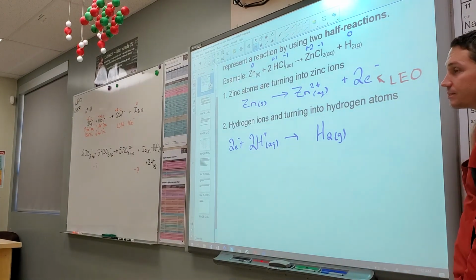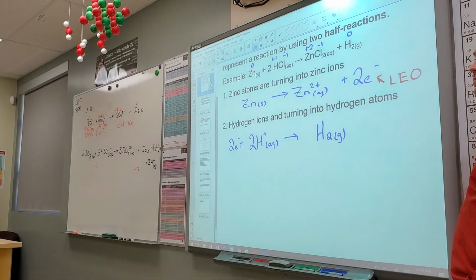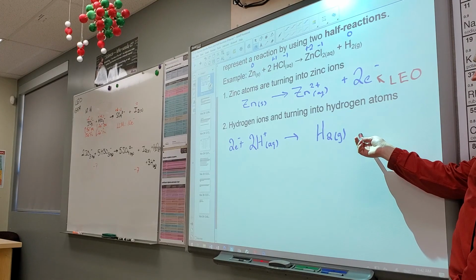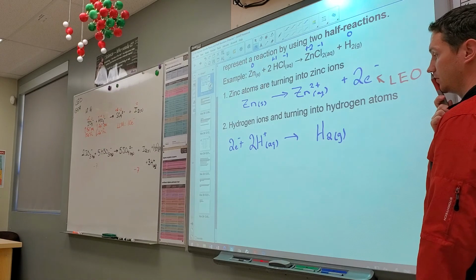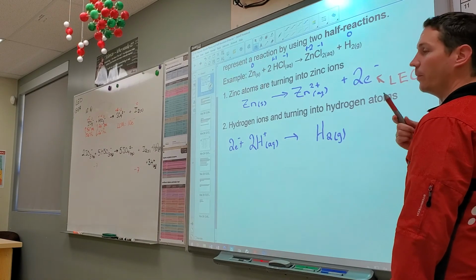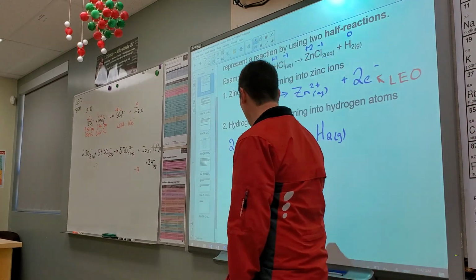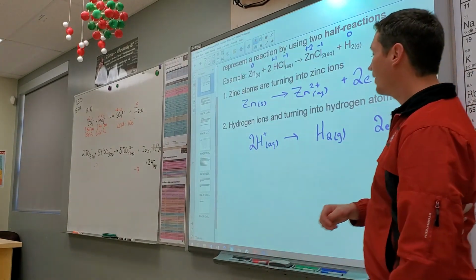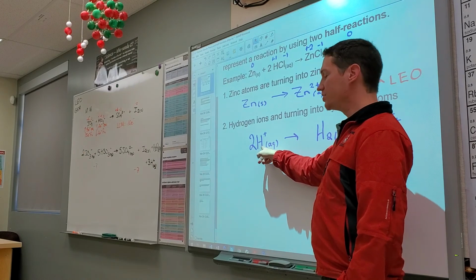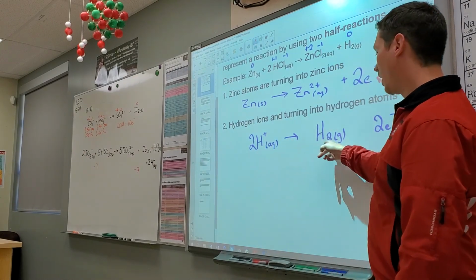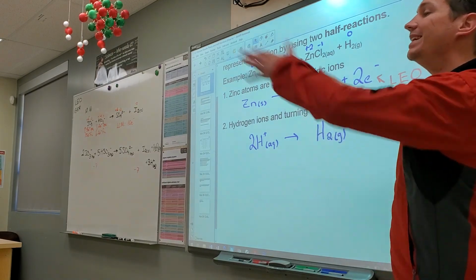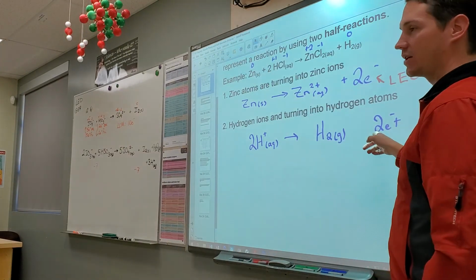Max. Wouldn't it still kind of make sense if you put the electrons on the other side? Because then it'd be like 2 hydrogen ions, like, hydrogen plus the missing 2 electrons. No, because what you're saying by putting these electrons over here is that 2 hydrogen ions turn into a hydrogen molecule with 2 atoms, and it also releases to the environment 2 electrons.